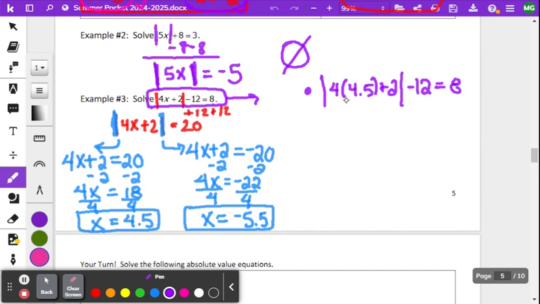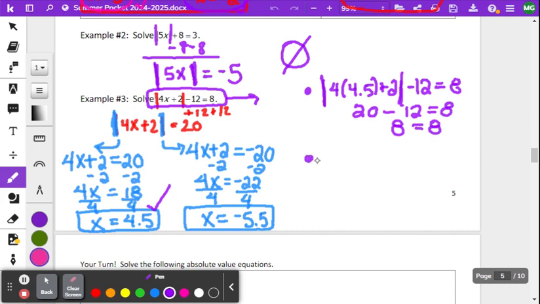So 4 times 4.5 is 18, plus 2 is 20. The absolute value of 20 is 20. Minus 12 equals 8. And yes, that is true. 8 does equal 8, which means 4.5 is a solution.